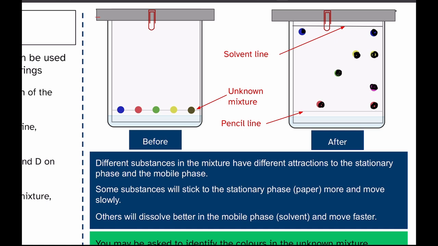So ones that move the same distance must be the same colour. We can see here that these two are the same distance, and if we look at before, this one was the blue one, so therefore this contains blue. It's also got the same distance as that. What was that one? Oh, that was the yellow one, so this would contain yellow. There's nothing here, so it does not contain green.